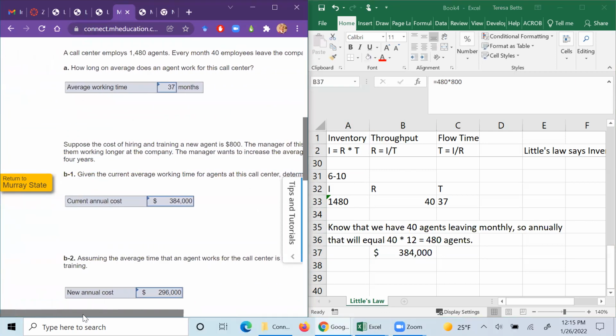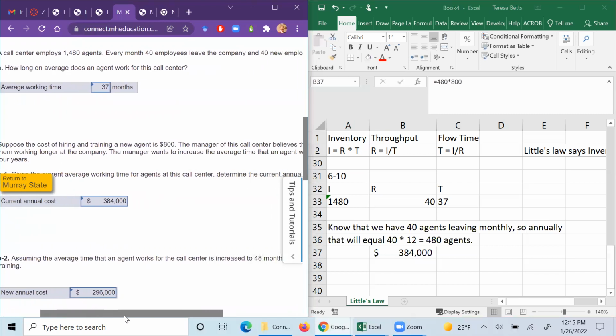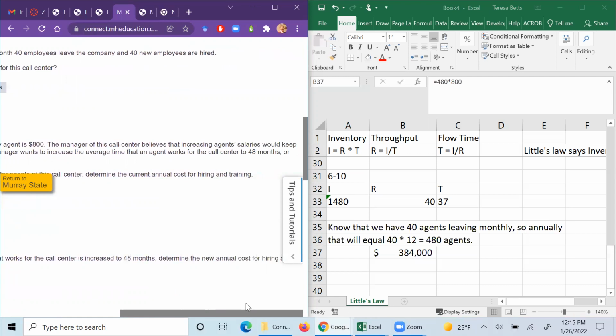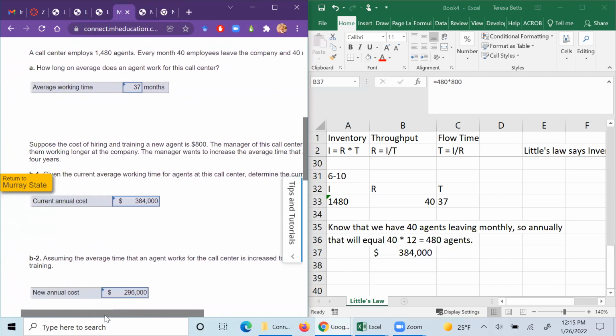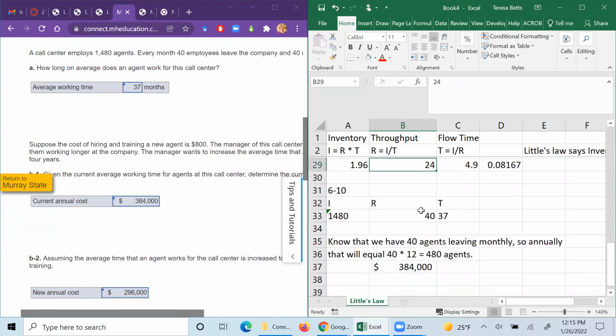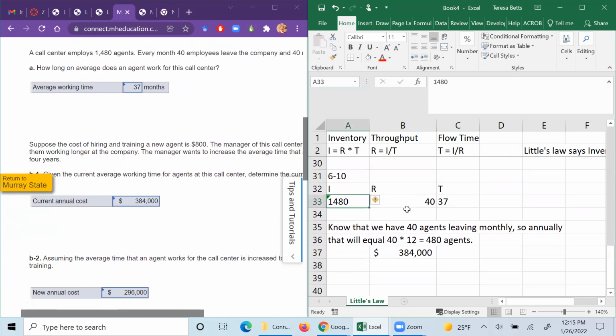Then the next question says, assuming the average time that an agent works for the call center is increased to 48 months, determine the new annual cost for hiring and training. Okay. All right. So that means that our throughput is going to change, right? We knew here that our throughput was 40, but we're not exactly sure what it's going to change to.